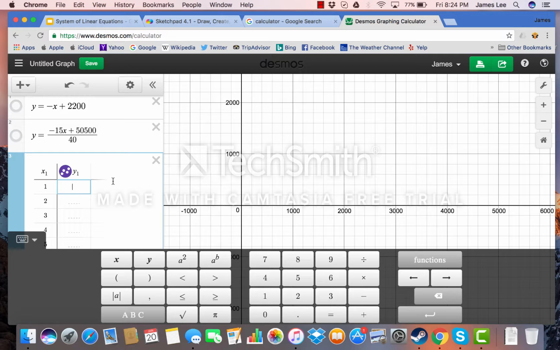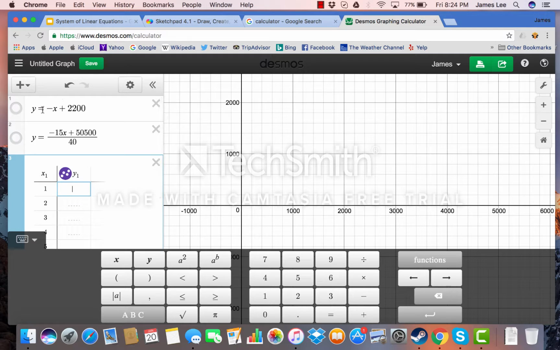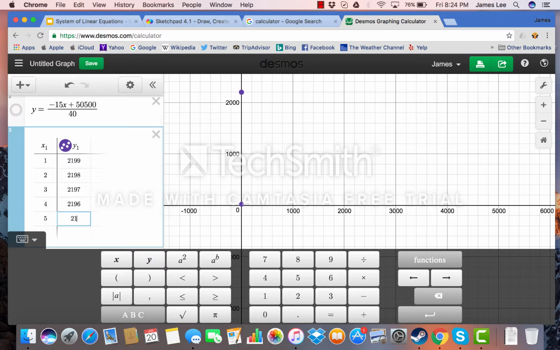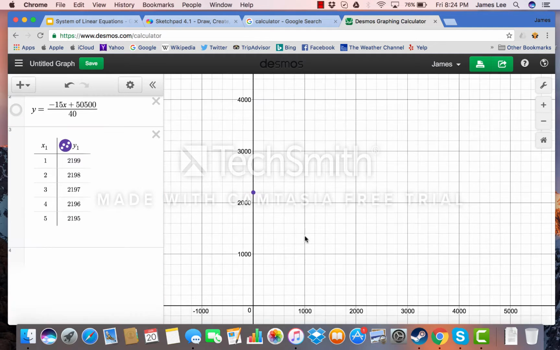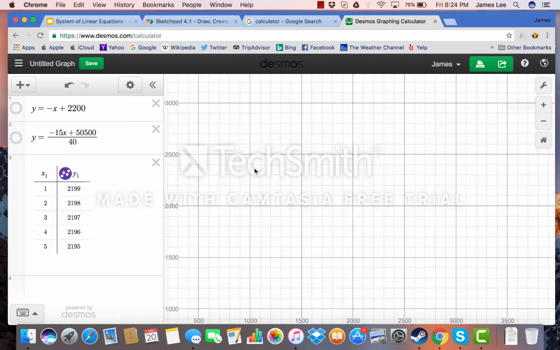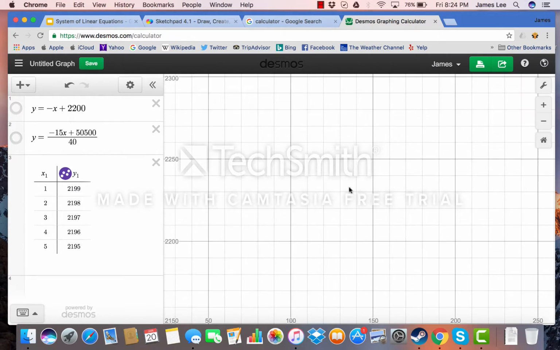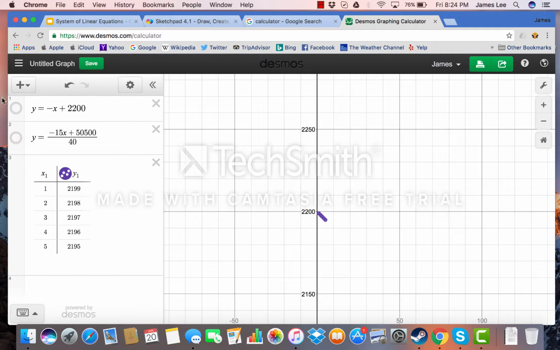We can put this into the first equation, negative x plus 2200. So this would result in 2199, 2198, 2197, 2196, 2195. This may not seem like much, but when we actually zoom in, we can see that these points actually go through the line.